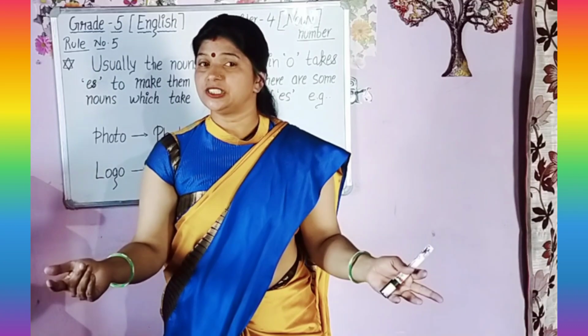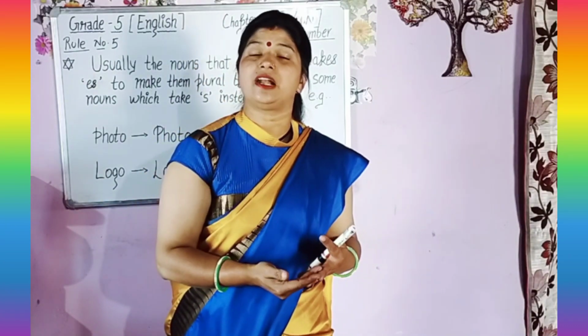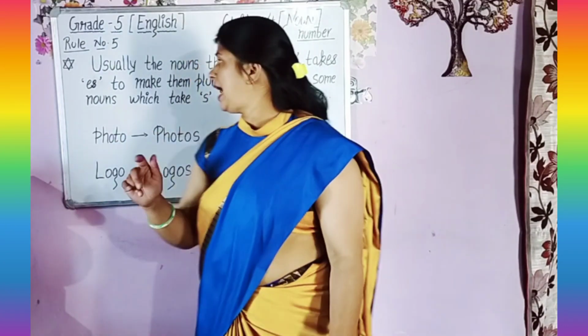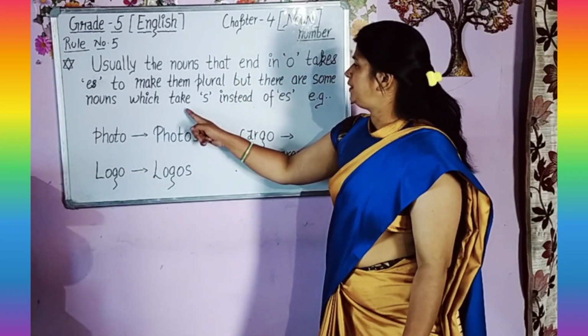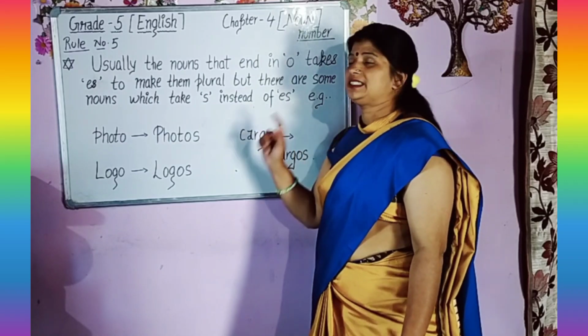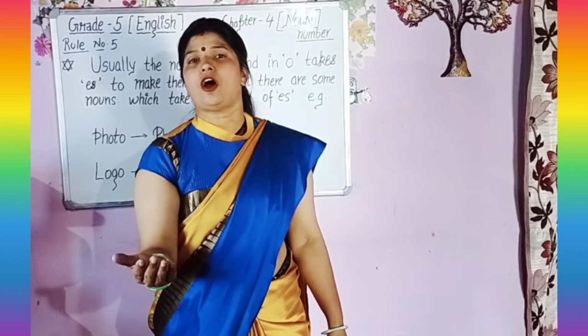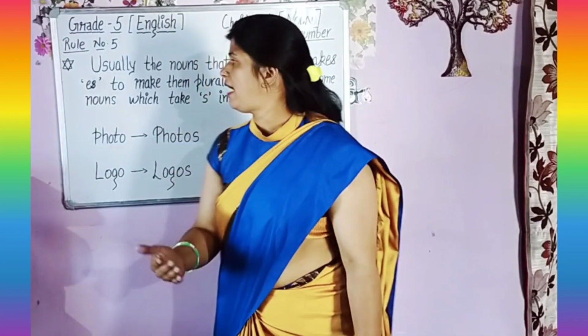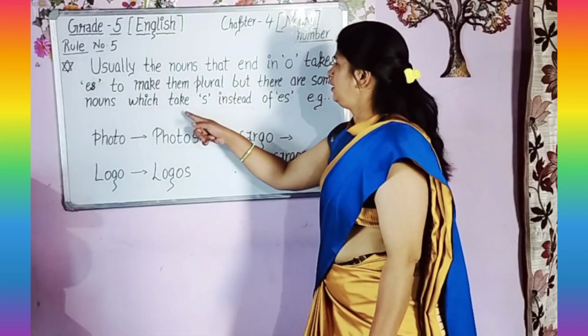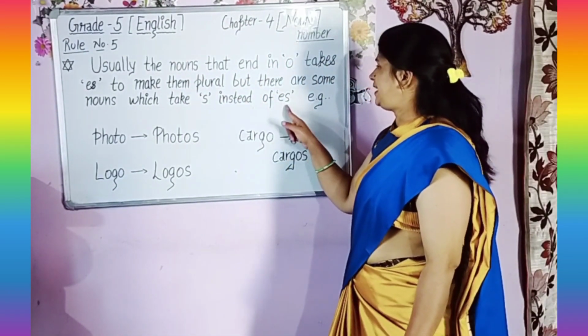But my dear students, there are many exceptions. There are some nouns which take s instead of es. So there are a few nouns in which we take s instead of es.